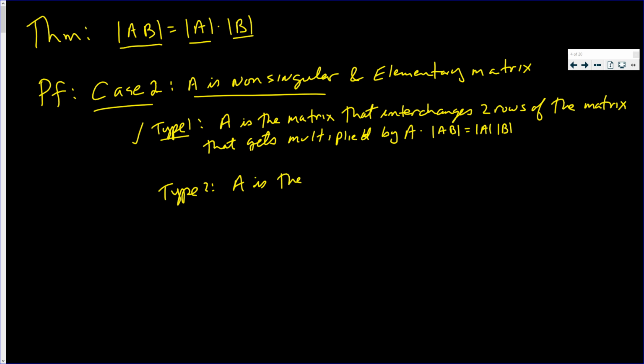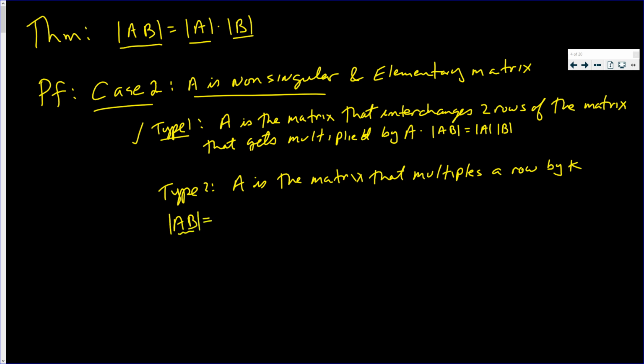A is the matrix that multiplies a row by K. Okay, that's what A does when multiplied by B. So what happens is AB, the determinant.